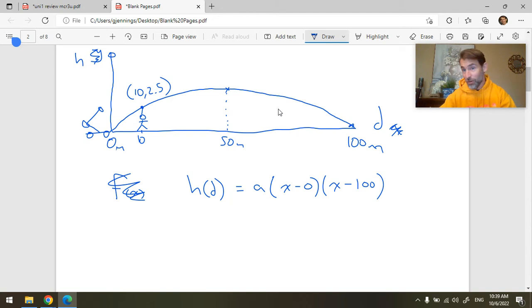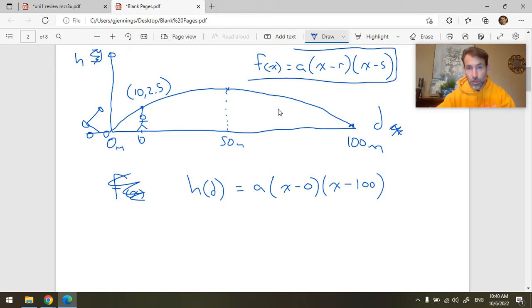Factored form of a parabola. f of x is equal to a multiplied by x minus one root multiplied by x minus the next root. This is the form we're using for all of these problem types.